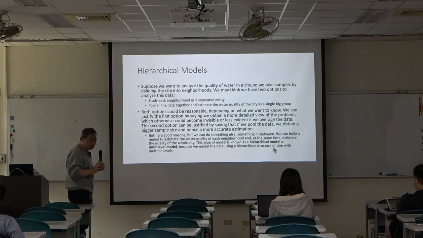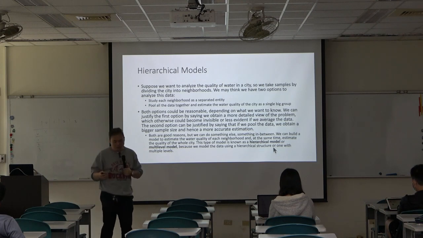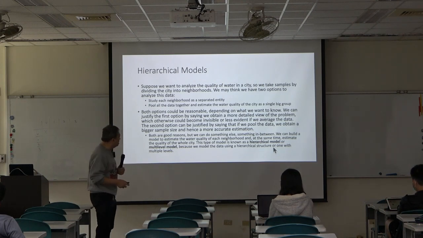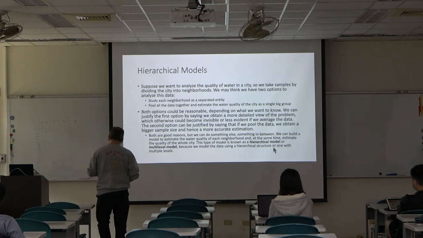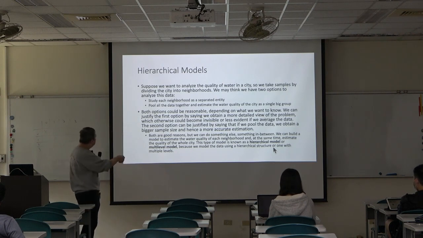This is just one example, and you may be able to see many similar hierarchical examples. Both options, studying each neighborhood separately or pooling all data together to estimate the water quality of the whole city, have pros and cons.